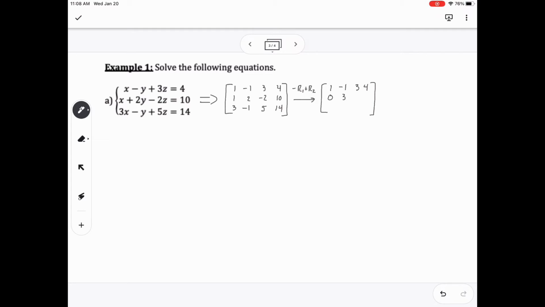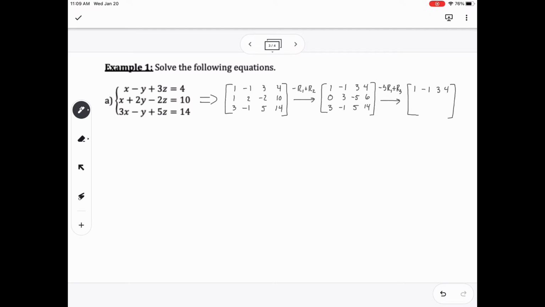To get the second row, first column to be a 0, you multiply the top row by the additive opposite, which would be -1, and then add it to row 2. Notice I'm not changing the top row, I'm just applying something and then adding it to row 2.